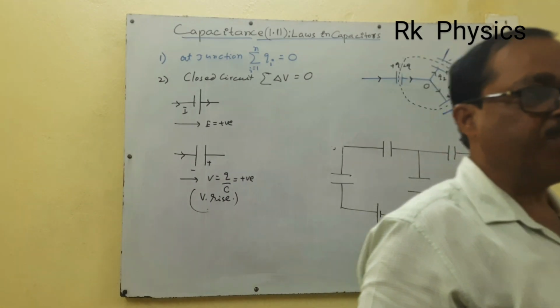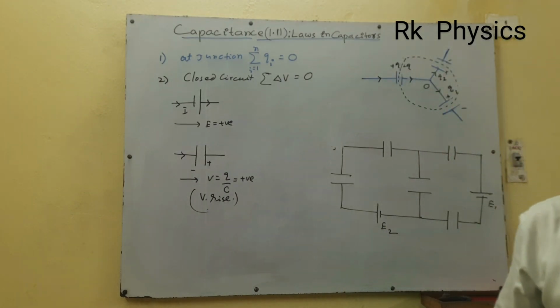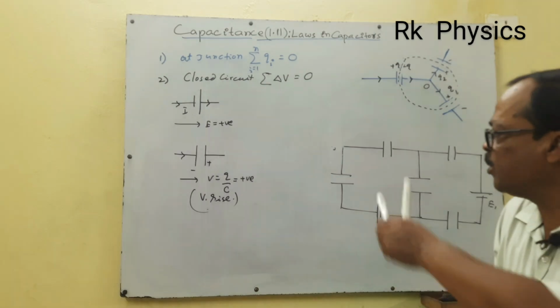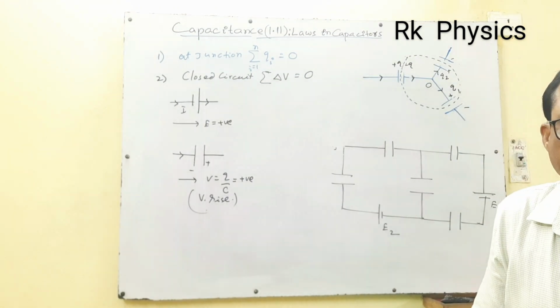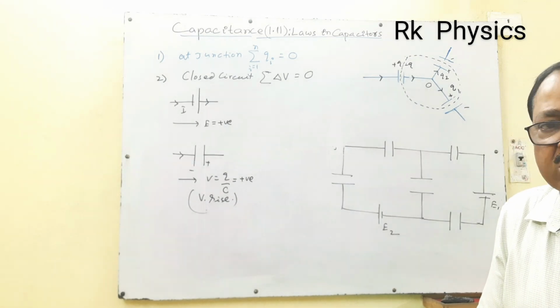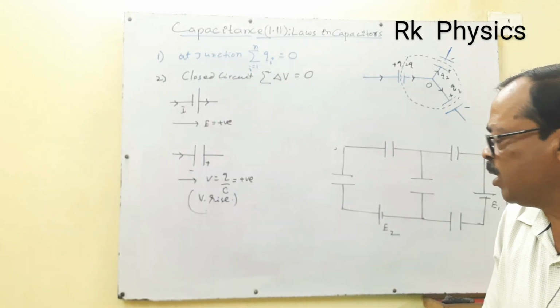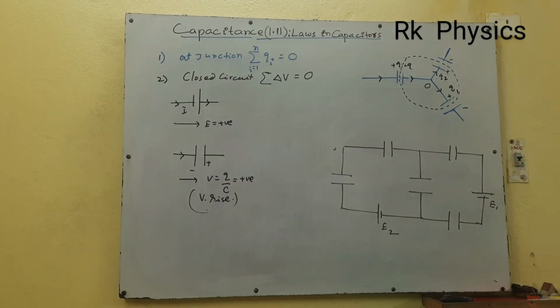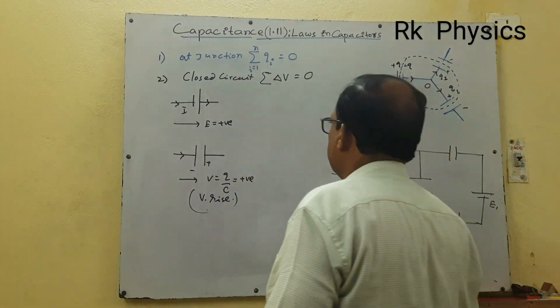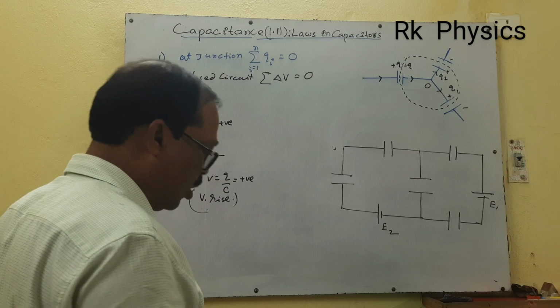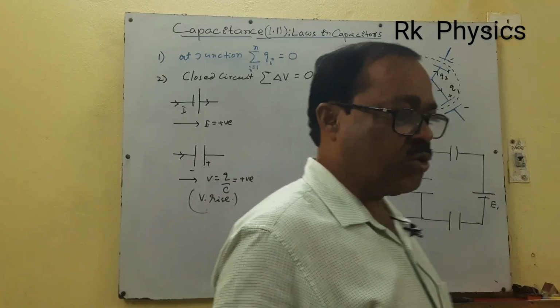That means any potential rise, V is taken as positive. If charge flows from plus to minus, that is a potential drop. That means the capacitor stores charge, the potential decreases. In that case, you can take it as negative. Okay, any potential drop is negative and any potential rise is positive. Now, these are the two conventions one can use while solving with Kirchhoff's law.